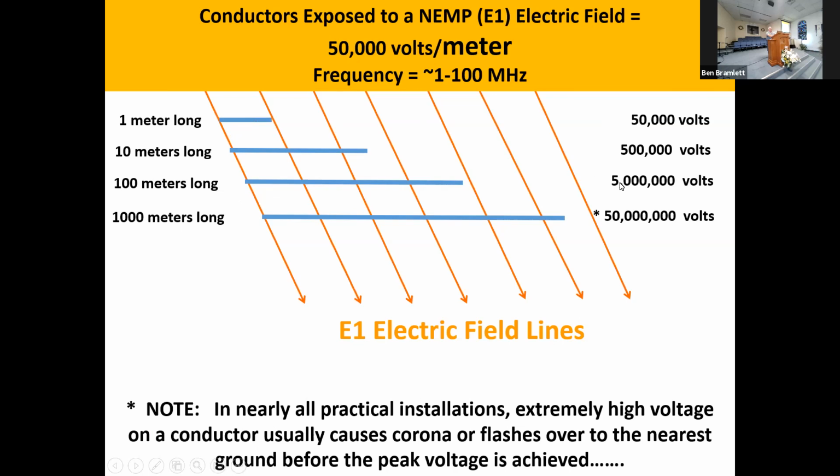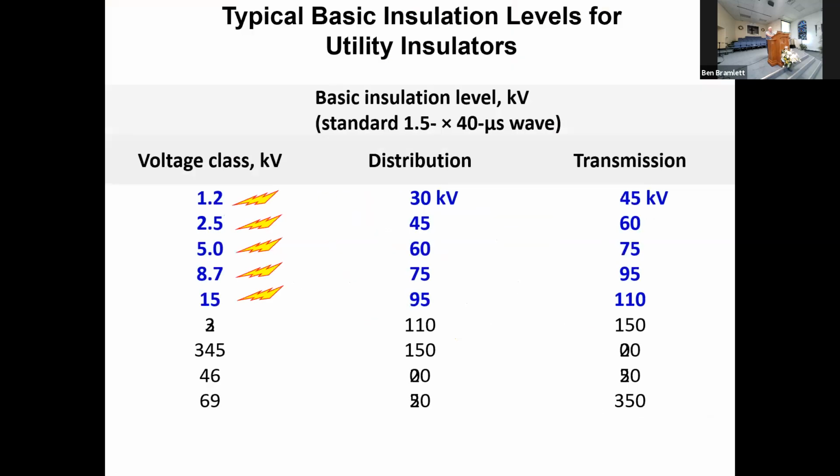So a long power line or a chain link fence or an antenna guy cable or something like that pretty much picks up a lot of voltage charge. And if you're talking about electric transmission lines that are a mile or 2 or 10 or 100 miles long, it picks up a big, big, big electrical charge, but most of it bleeds off into the atmosphere via corona, or it arcs over the ground.